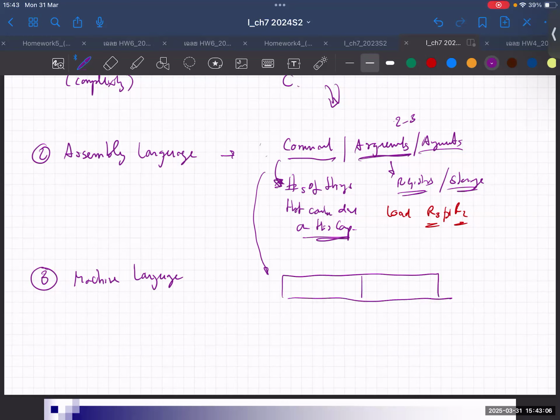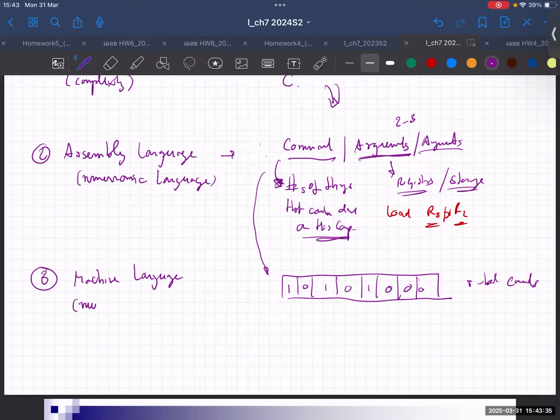For example, if it's 8 bits, it means that the command is an 8-bit command. It's just a sequence of numbers. For example, this is what we call the machine language. We call this mnemonic language sometimes.